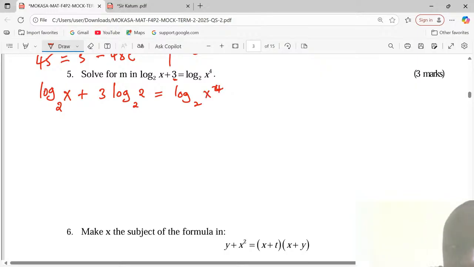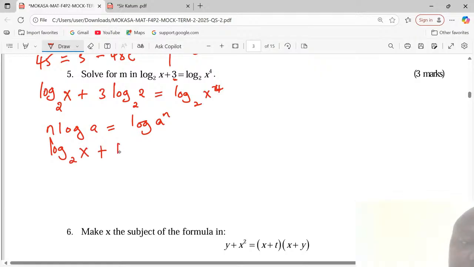So now we can apply the law that says n times the log of a equals the log of a power n. So log 2 base 2 of x plus the log 2 base 2 of 2 power 3, which is 8, equals to the log of x power 4, that way.